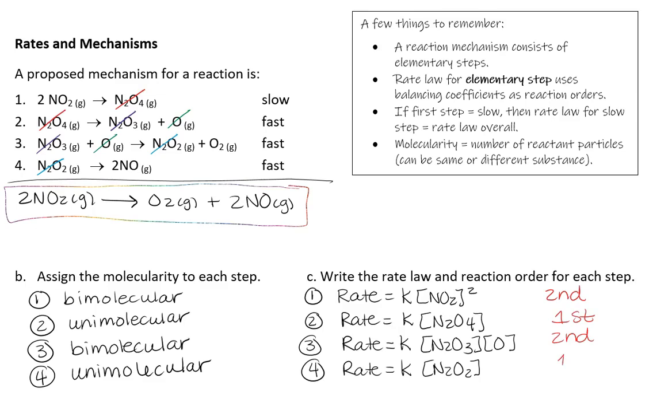And reaction 4, first order. The other thing that I want to point out is the connection between the molecularity and the reaction order. So notice that the two bimolecular steps are second order and the two unimolecular steps are first order. So there's that relationship there, that connection.